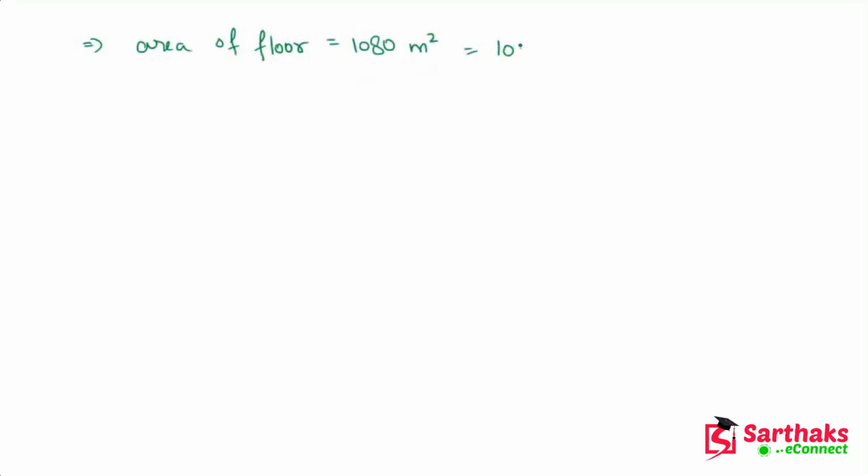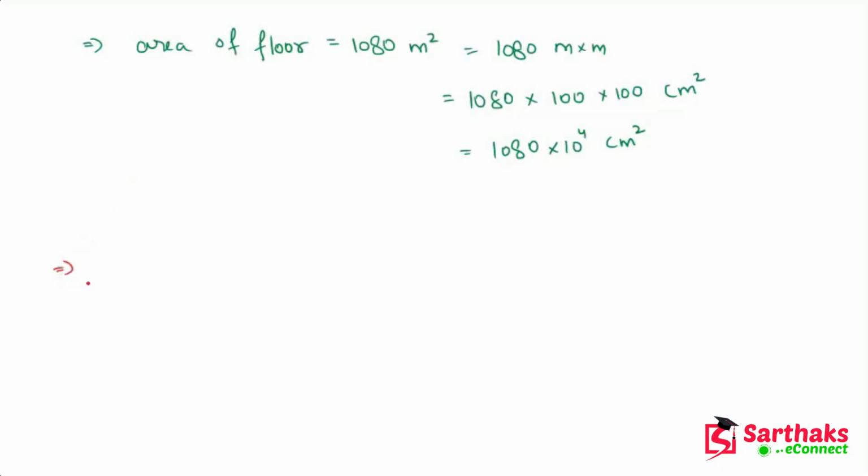This is meter into meter, and we know that 1 meter is equal to 100 centimeter. So 1080 into 100 into 100 centimeter square. Okay, we have to convert both the meter into centimeter. So this will become 1080 into 10 raised to power 4 centimeter square. So this is the area of floor.